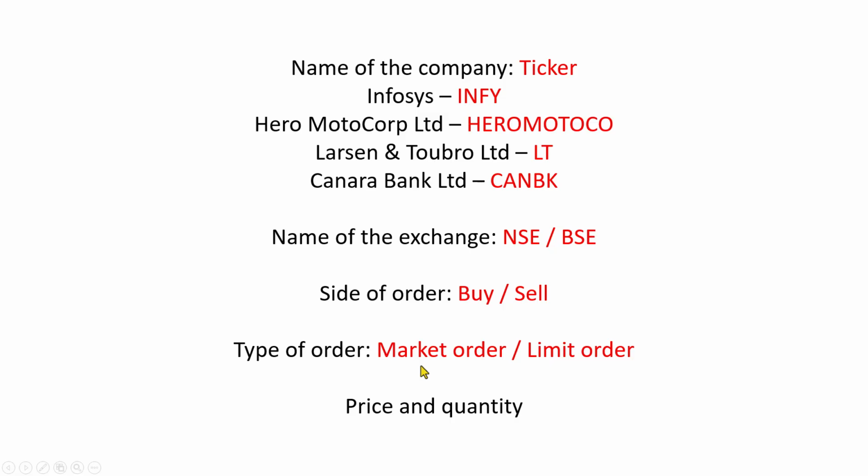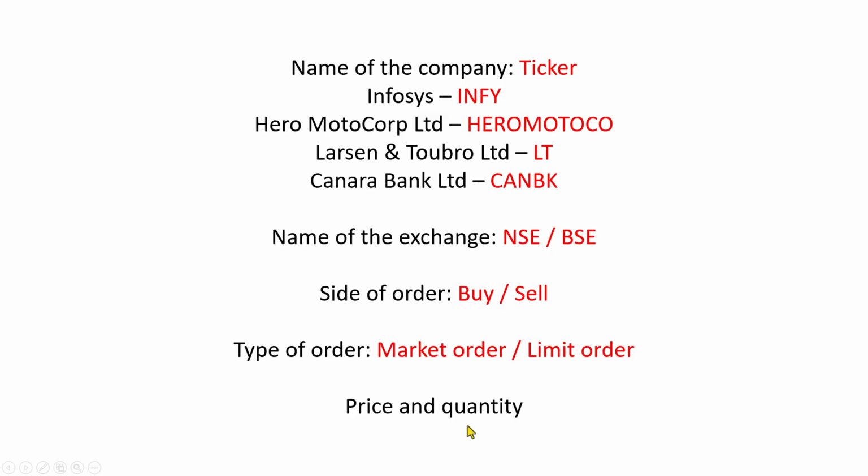We will see the difference between a market order and a limit order later. And finally, you need to decide the price if it is a limit order, and then the quantity, whether you want to buy 10 stocks or 20 stocks of Infosys or whether you want to sell 10 stocks of Infosys. So these are the things that you need to know.